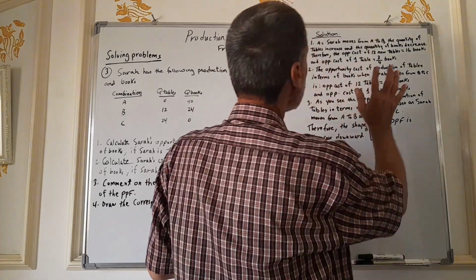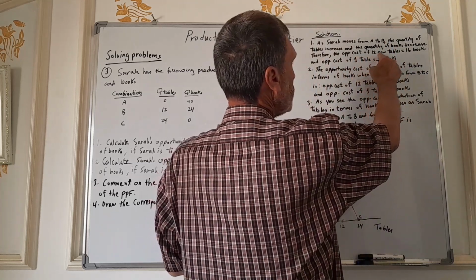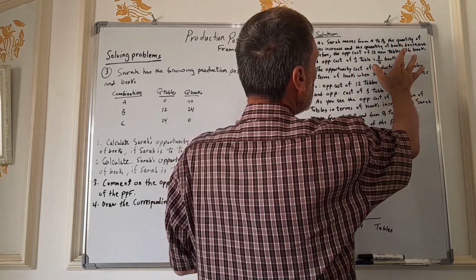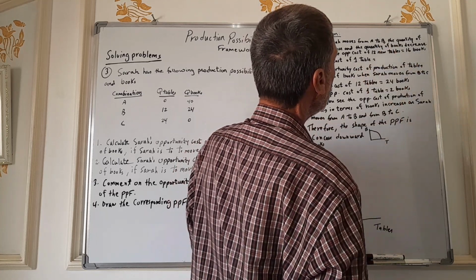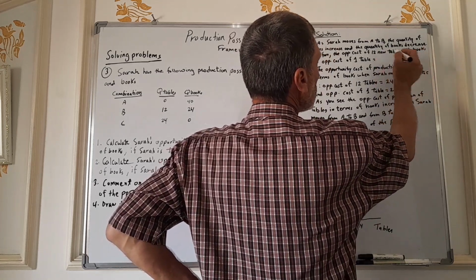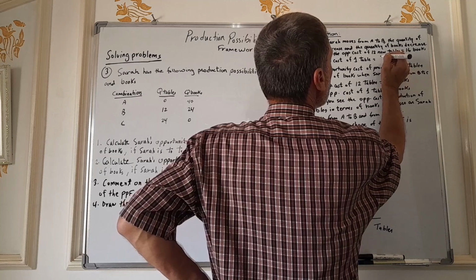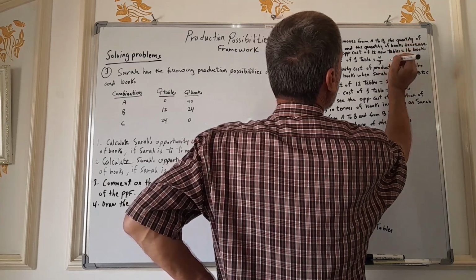Here there's some mistake, I guess. The opportunity cost of 12 new tables equals 16 books. So the opportunity cost of one table, we divide both sides by 12, and we come up with 4 over 3 books.